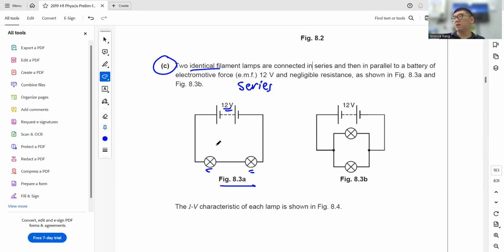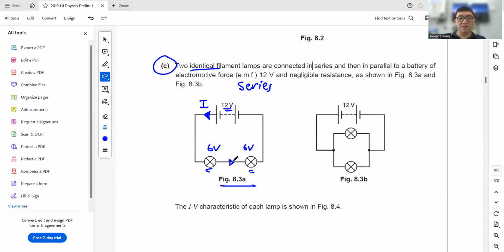So what can you tell me about the potential difference across the two lamps? Each of them has 6 volts. Another thing to take note of is the current will be the same for the two of them. I is the same for the two of them.